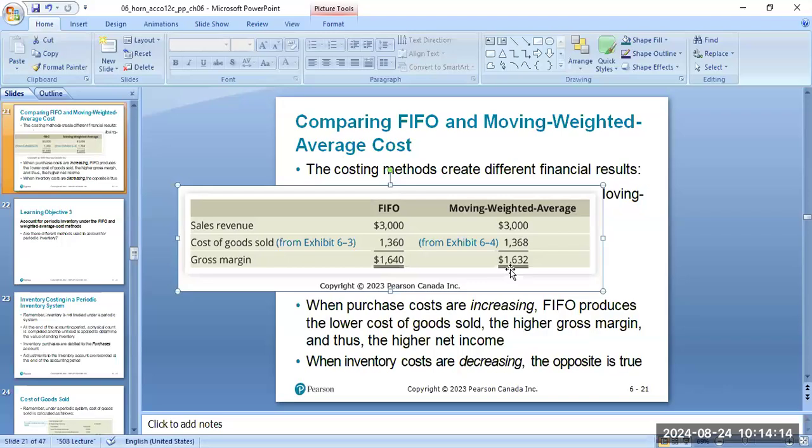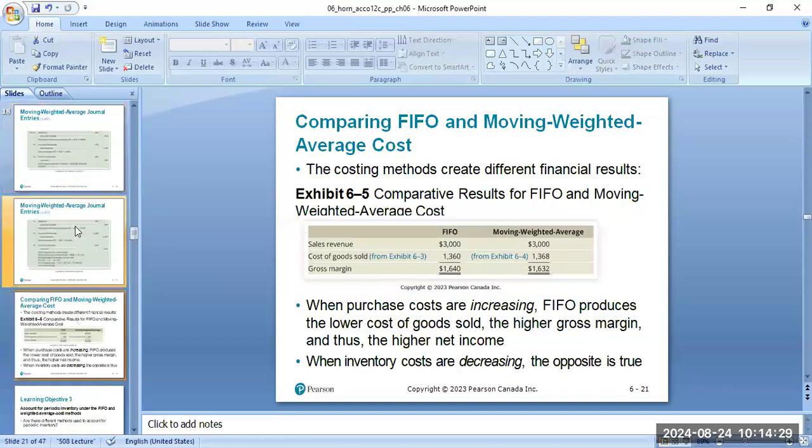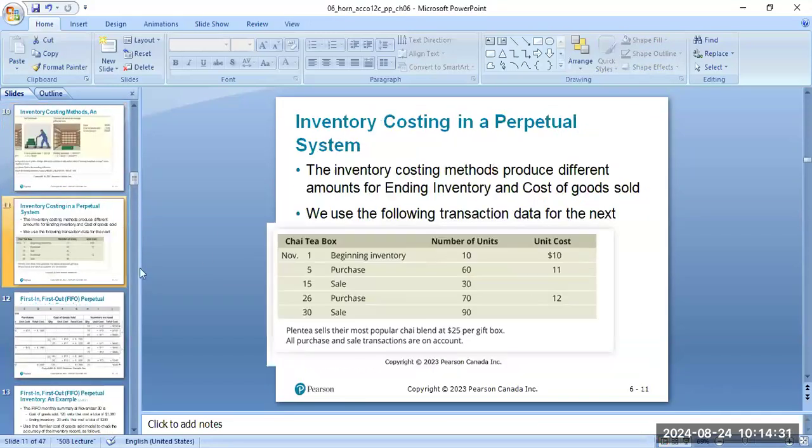So, now the conclusion that we can make here, in our example, as you saw, our cost per unit is going up with every purchase. First we start with $10, then we move to $11, then we move to $12.